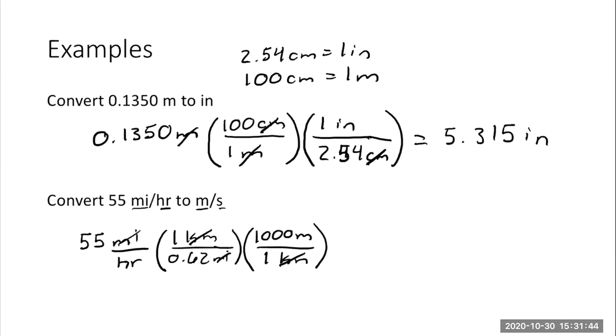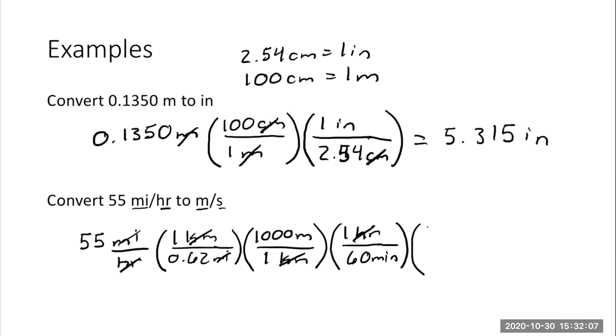So now we just need to convert our hours into seconds. So I know that for every 1 hour, I have 60 minutes. So this way my hours will cancel. And now we're in meters per minute.